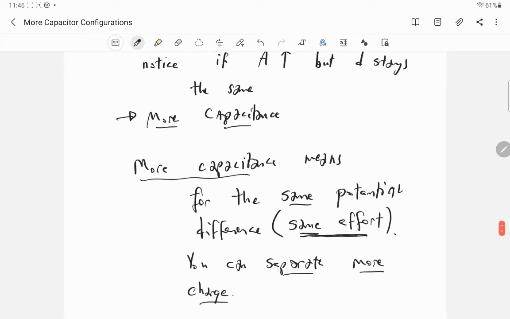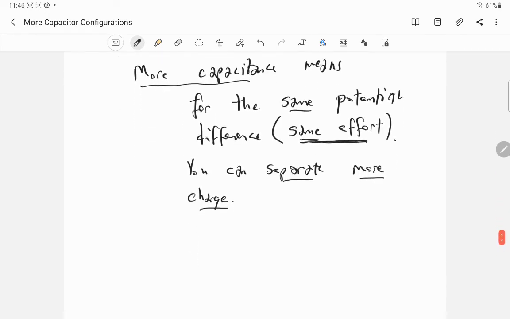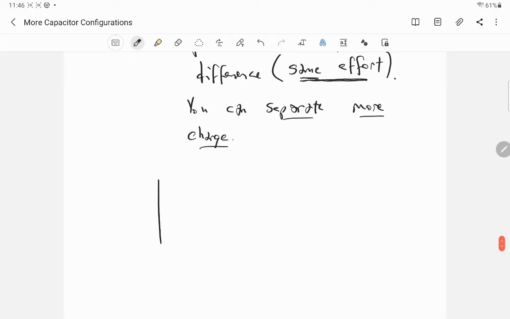So if you have a pair of plates, so here's one plate, and it's separated by some small distance from another plate. And this is some area and some distance.